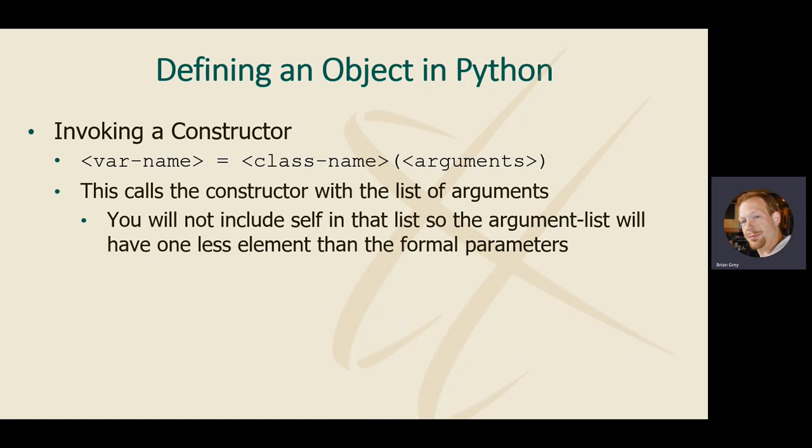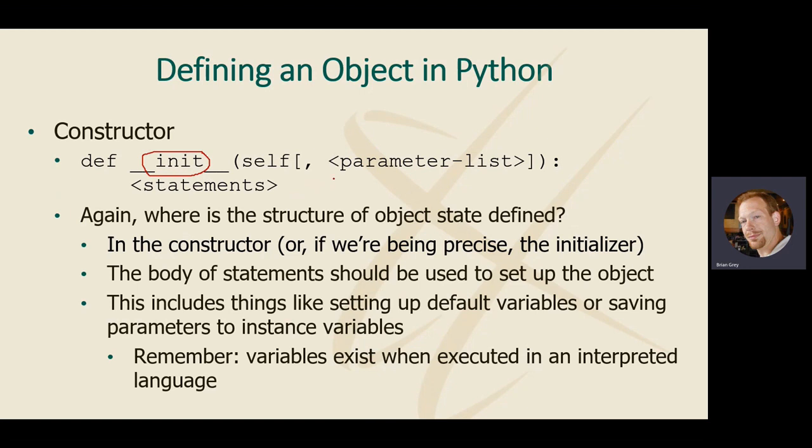I will sometimes talk about parameters, and I will talk about arguments, and I will use them interchangeably. I try not to. But keep in mind, parameters are also known as formal parameters, and they are what are in your function or method definition. This is why this says parameter list.